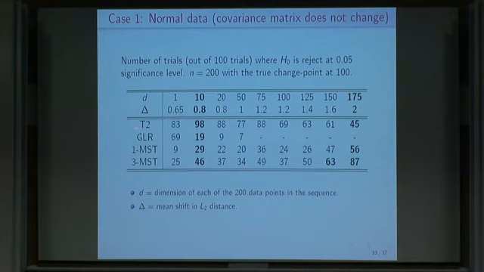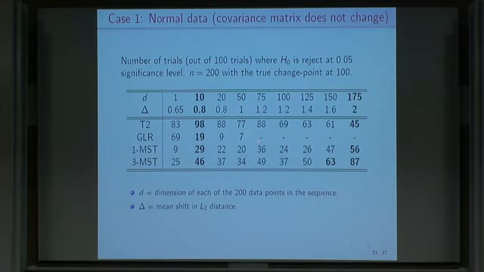The first row is based on the Hotelling T-square statistic, the maximum over the Hotelling T-square. The second is the maximum over the generalized likelihood ratio. And the last two are based on graphs. I will tell what the difference between these two is later. But we first look at how the power of these methods changes.